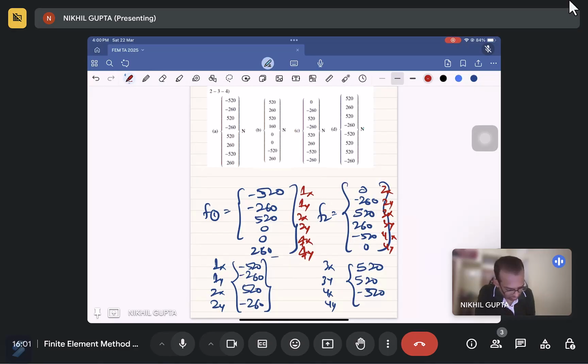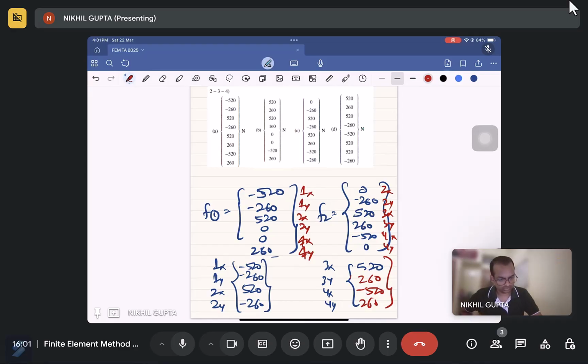Okay, so 3x will be 520, 3y will be 260, then 4x is minus 520, and this is 260. Is it correct? Is it okay with you, or are you confused? No, it's okay.